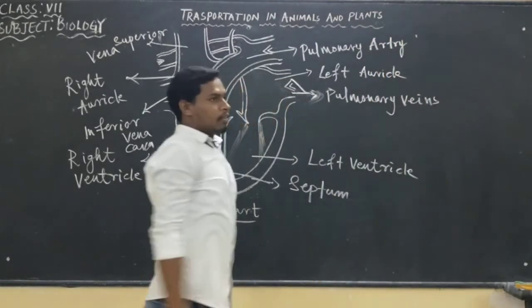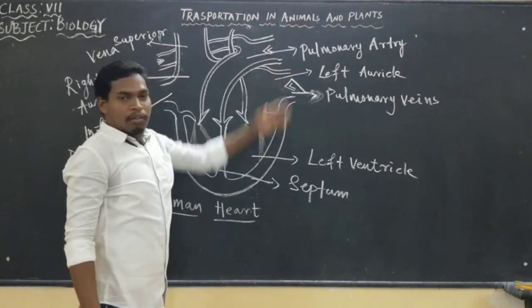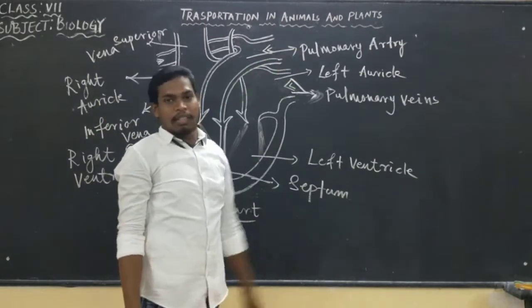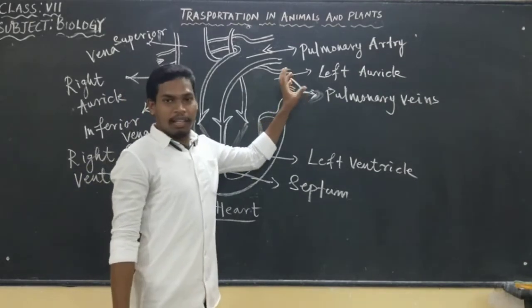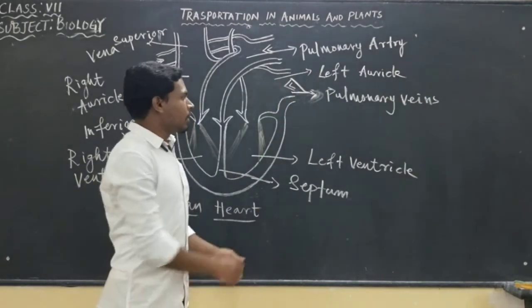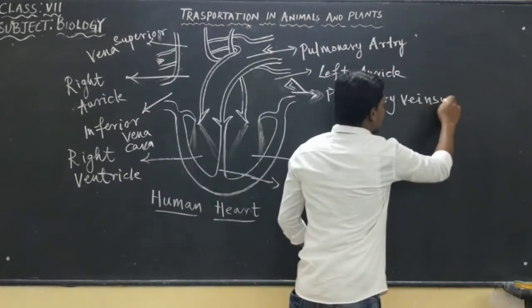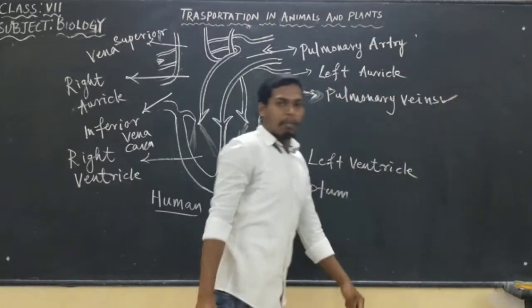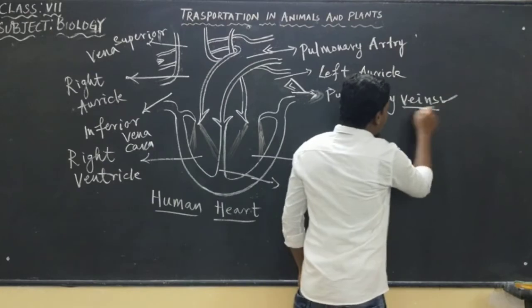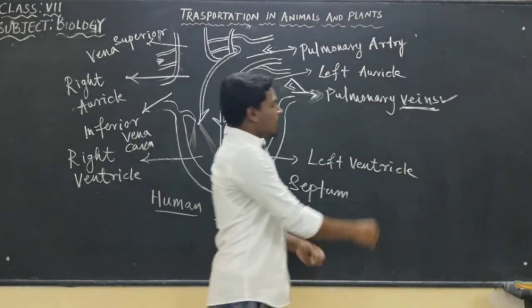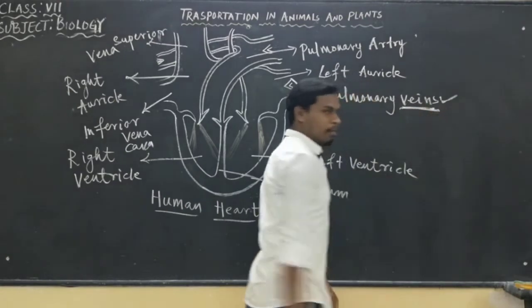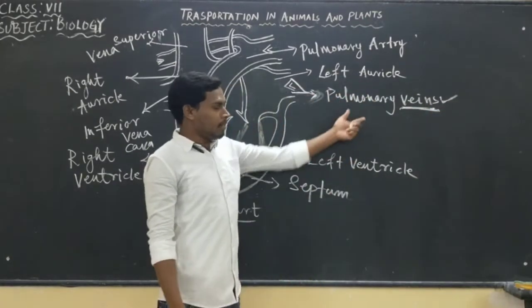Now the oxygen present in the lungs is picked up by the pulmonary veins. I have told you all the veins carry deoxygenated blood except the pulmonary vein.